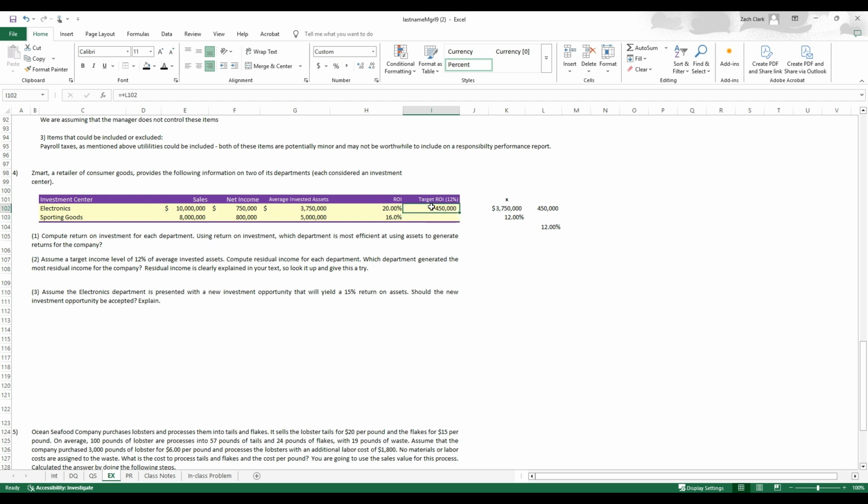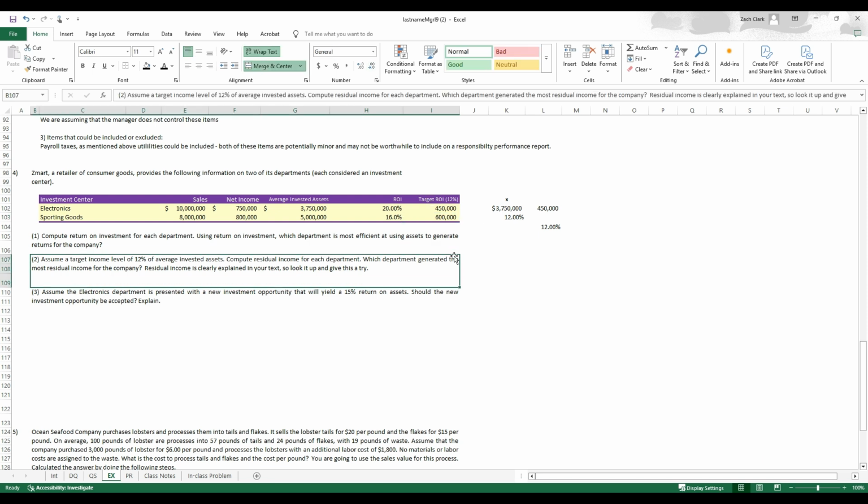So we can calculate that again. Let's just do it like this. So if we had 0.12 times the average invested assets, and then we can do the same, that's our target ROI times average invested assets. Let's get that in the same format there.